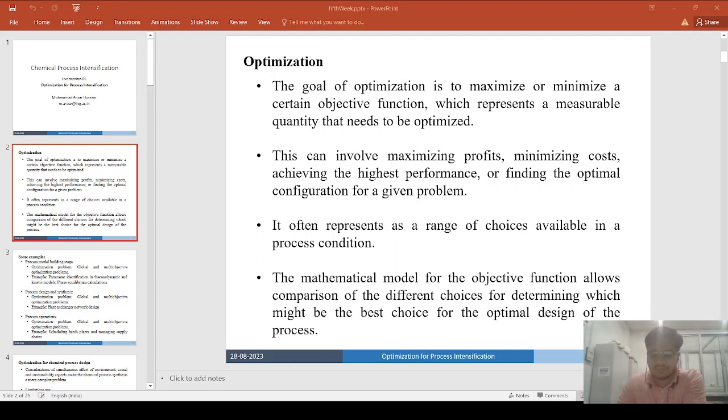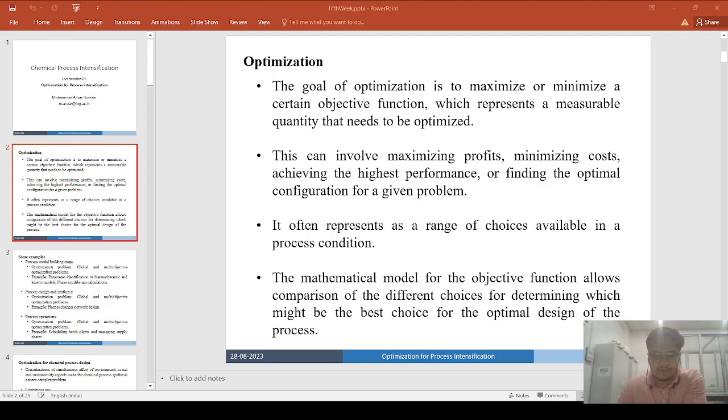For example, your objective function could be the capital cost to set up a plant, or to make a particular process run, a certain capital cost is required. Here your objective function will most likely be to minimize the capital cost. If you are able to minimize the capital cost, you will optimize your process.